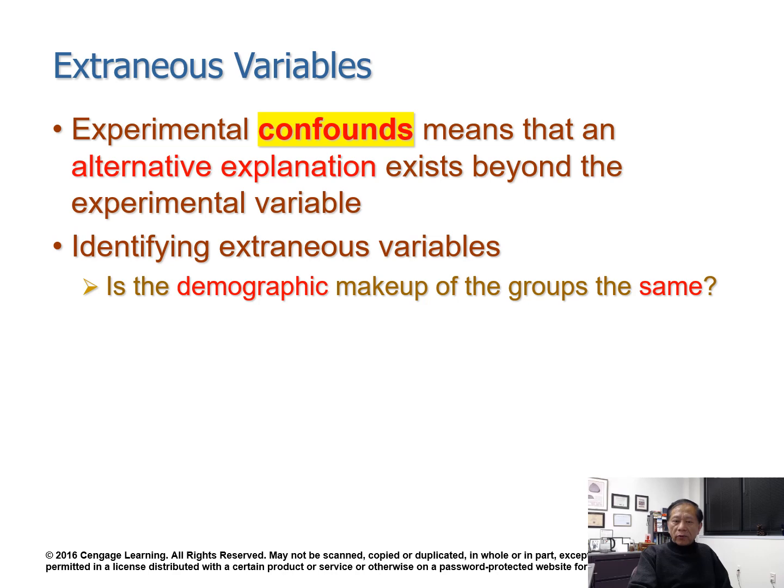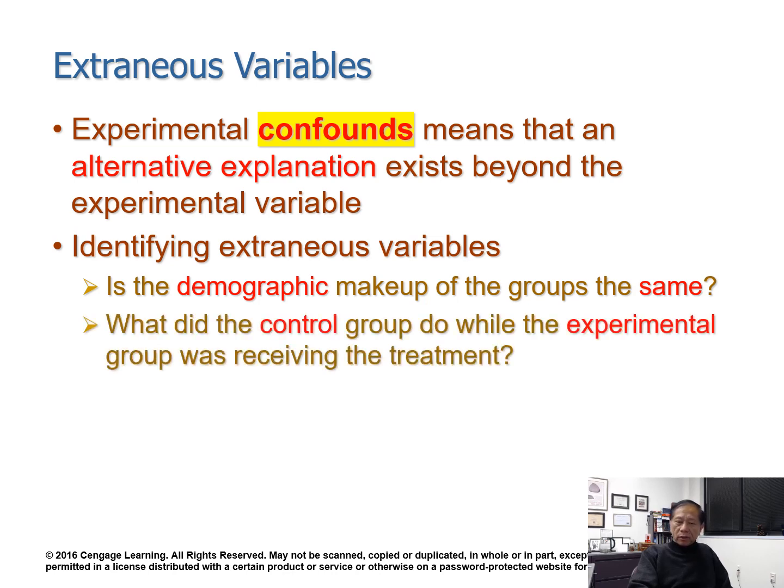Maybe it is the demographic makeup of the group. Is the demographic makeup of the group the same or not? And okay, maybe demographic is the one variable you did not need to take into consideration. What did the control group do while the experimental group was receiving the treatment? Right? That could introduce some extraneous variables.